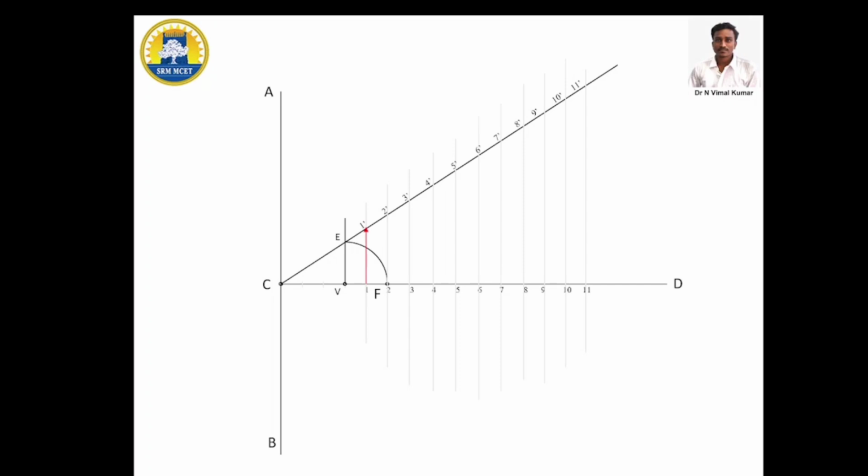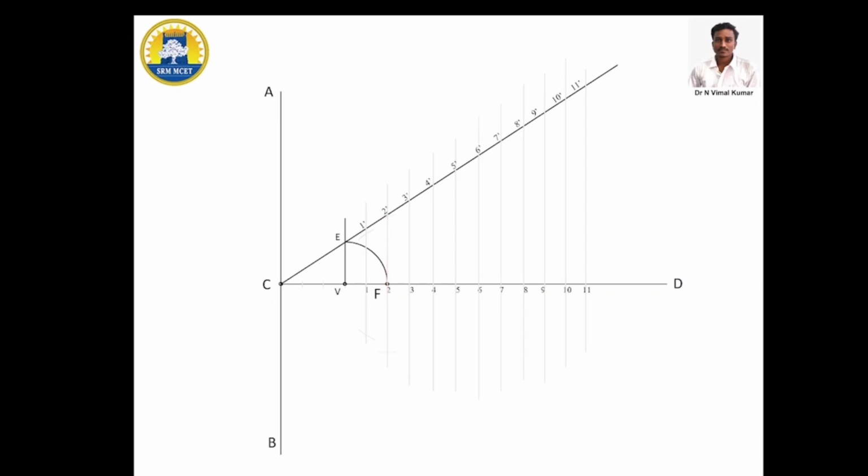Next you should measure the value of 1 dash with the compass. Then by using the compass you need to fix the F point and you can cut an arc at the point in the line 1 dash. Similarly you can measure the 2 dash value from the compass and cut the arc from the 2 dash line in this focus point.